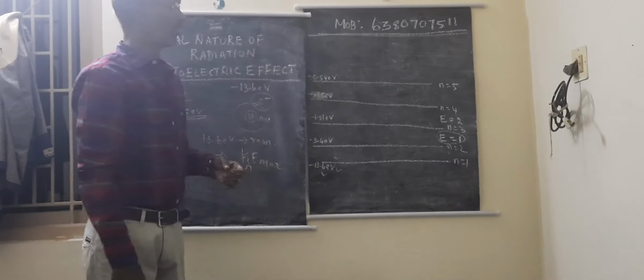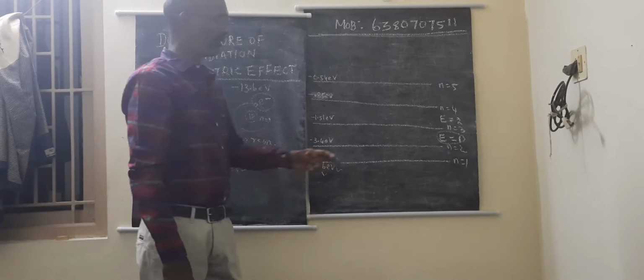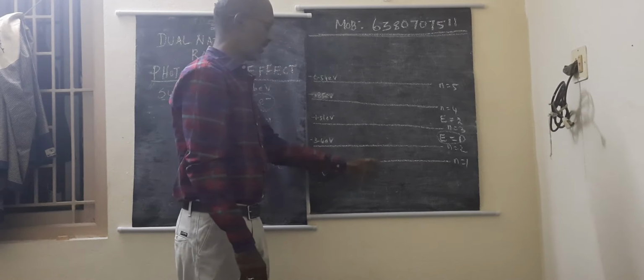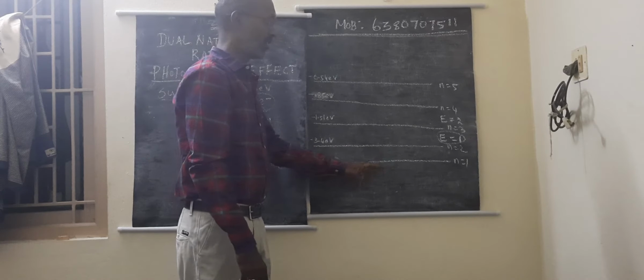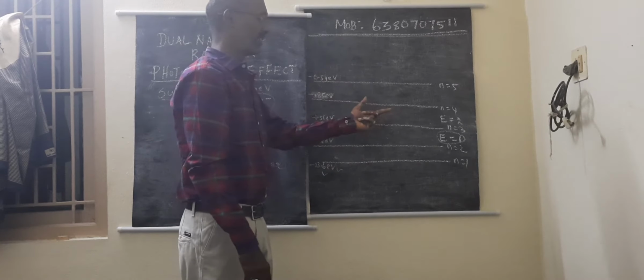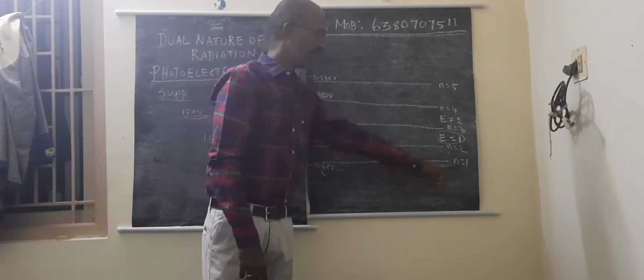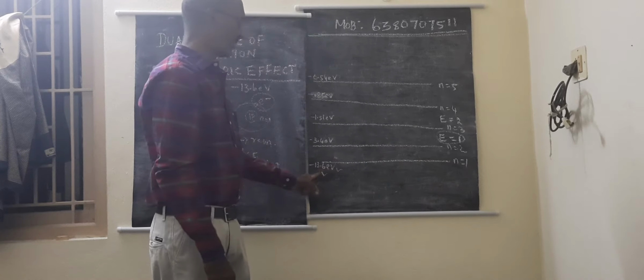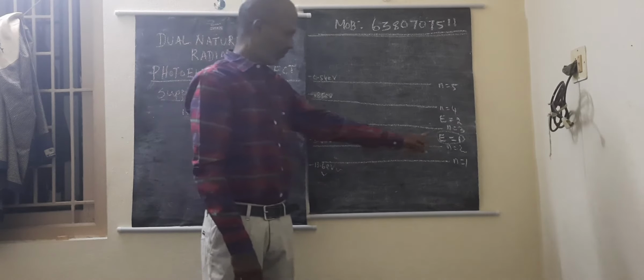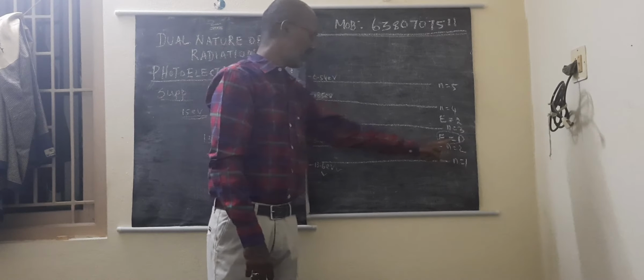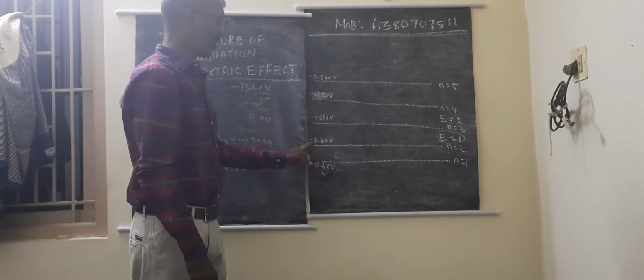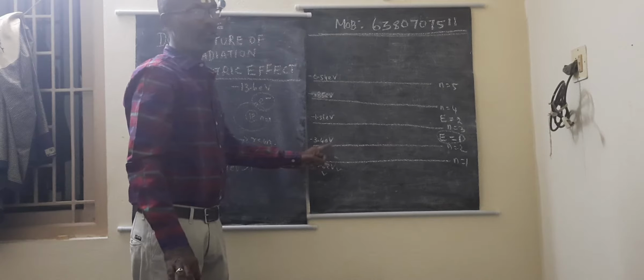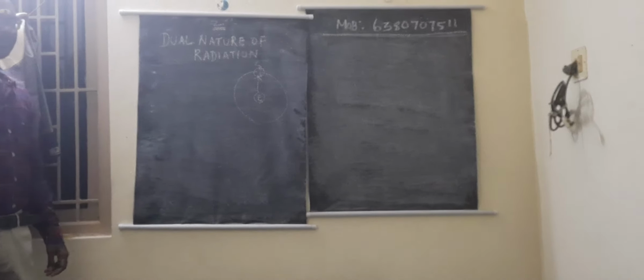While solving problems, they will say the electron is in the first energy level or the first excited energy level. First energy level means n is equal to 1, you have to take this energy. If it is the first excited energy level, then you have to take this minus 3.4 electron volt for calculation.